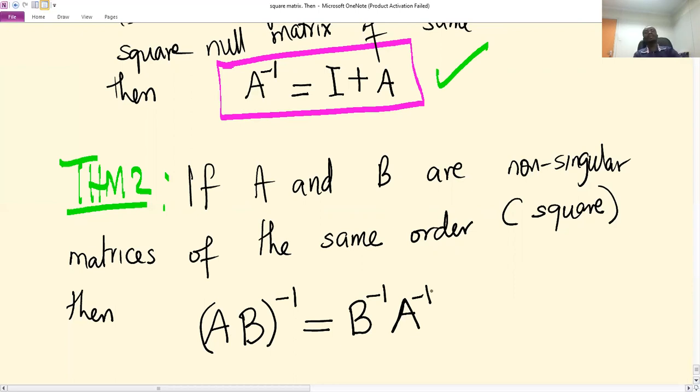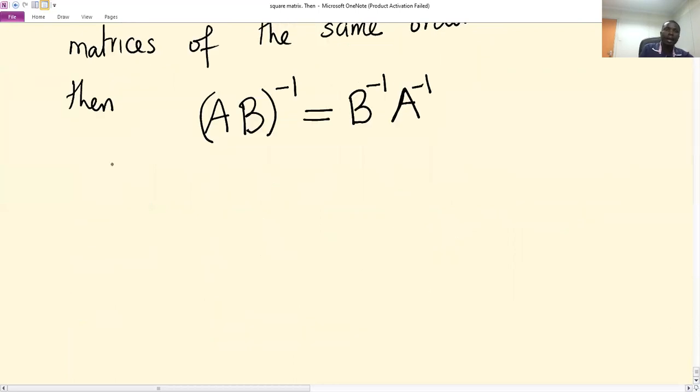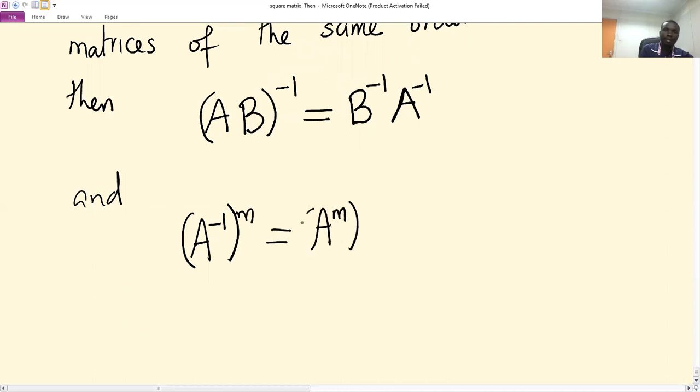So (AB) inverse is B inverse times A inverse, and (A inverse) raised to the power m is the same as (A to the power m) inverse, for any positive integer m.